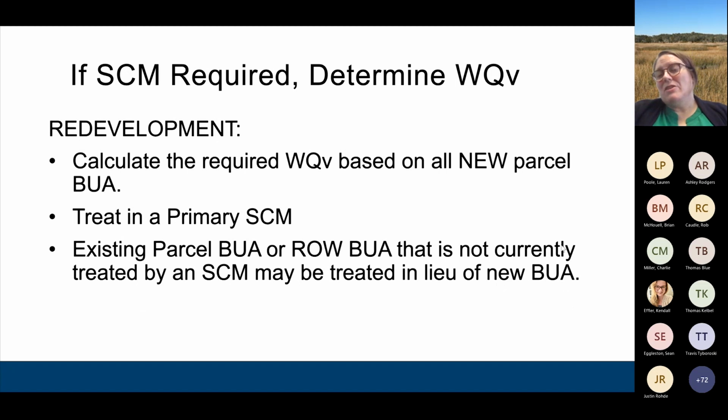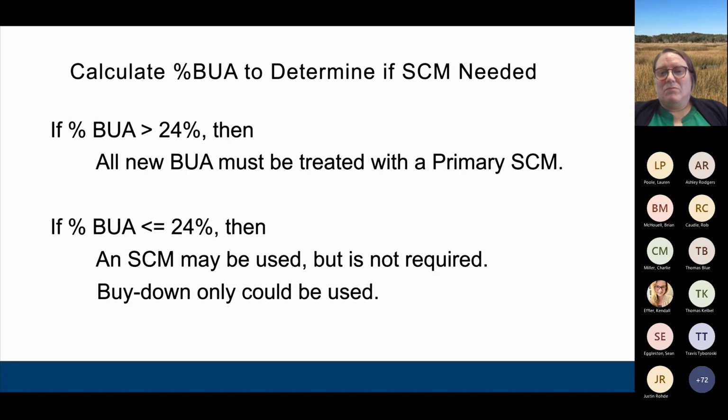So we are currently interpreting, and unless we hear otherwise from DEQ, that this is for the site area and that we would allow buy down only for the existing right of way. This is for any new right of way or new parcel area. So anything that was existing parcel area needs to be 100% treated by an SCM.